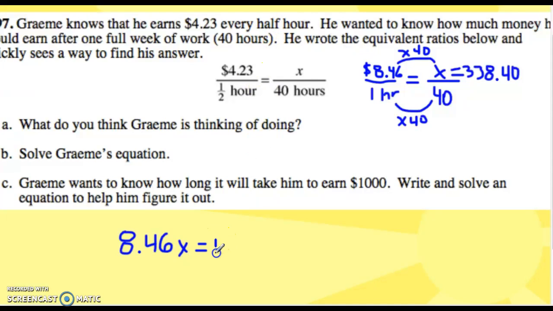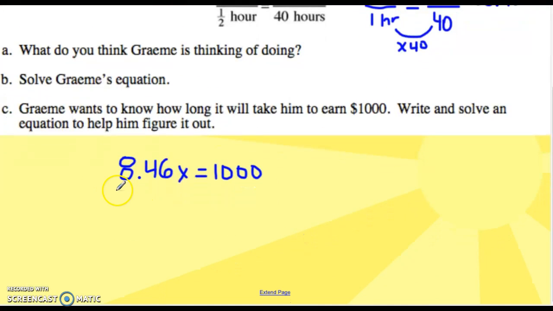So I have $8.46 times X, some number of hours, equals $1,000. And in order to do this, I again need to get X by itself, so I'm going to divide by $8.46, and $8.46 over $8.46 equals 1, so I'd be left with 1X, and then I would divide 1,000 by $8.46 also. So please pause the video and do that math quick.